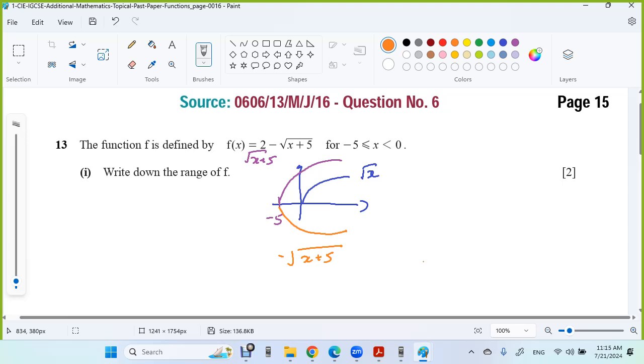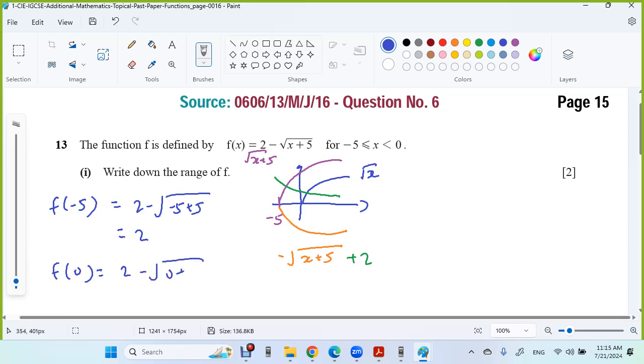and then plus 2, so it's moved up 2 units. Okay, so we know that f of negative 5 is 2 minus square root of negative 5 plus 5, then it is 2, and f of 0 is 2 minus square root of 0 plus 5, which is 2 minus square root 5.